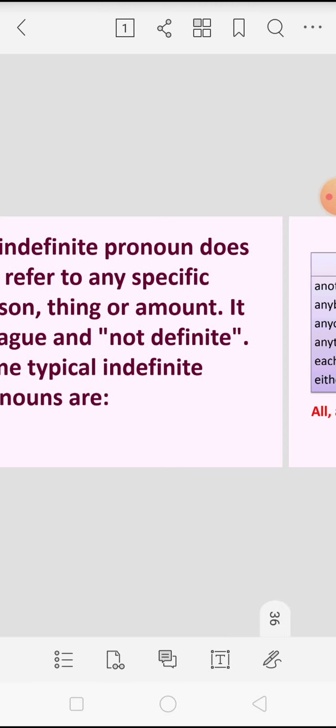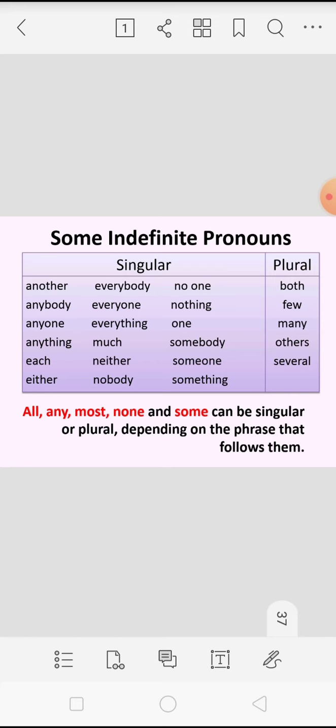Next is indefinite pronoun. An indefinite pronoun does not refer to a specific person, thing, or amount. It is vague and not defined. Some typical indefinite pronouns are another, anybody, anyone, anything, each, either, everybody, everyone, everything, much, neither, nobody, no one, nothing, one, somebody, someone, something.